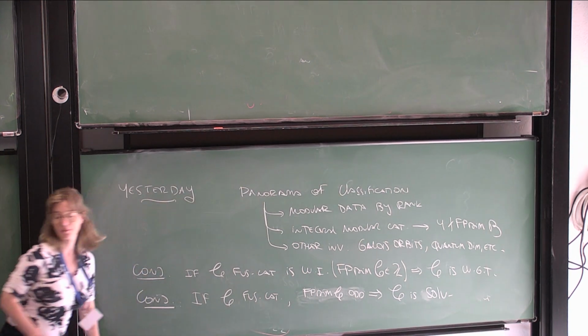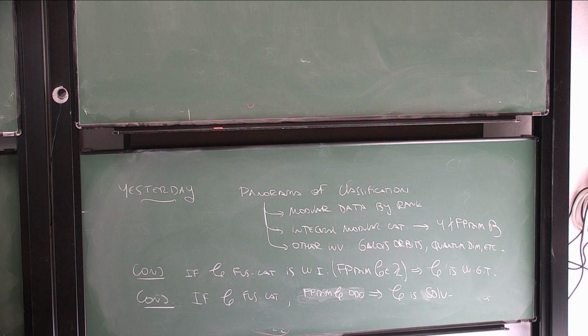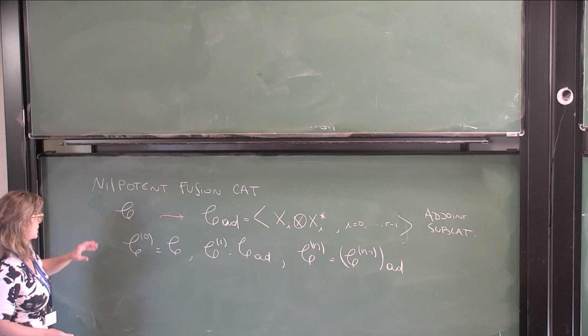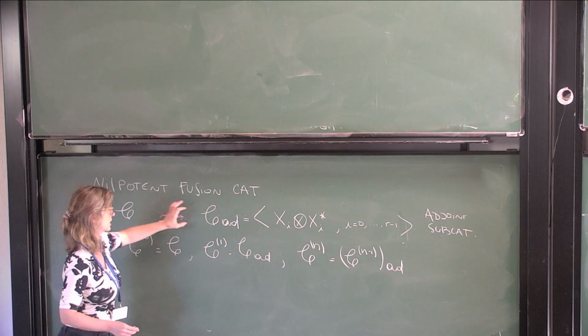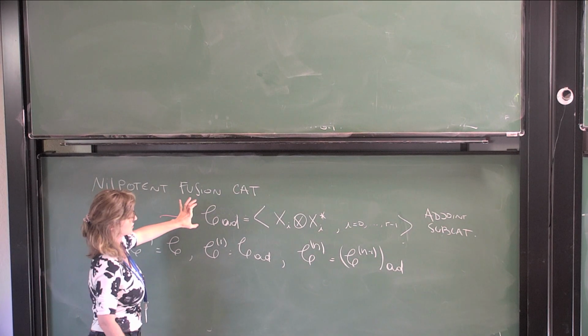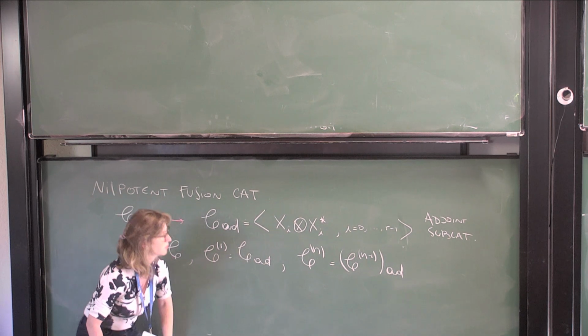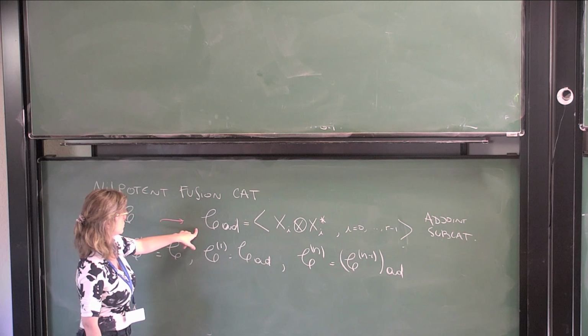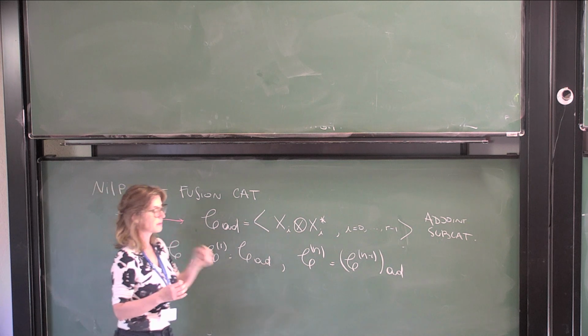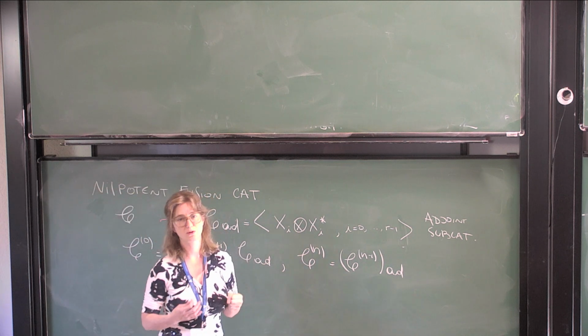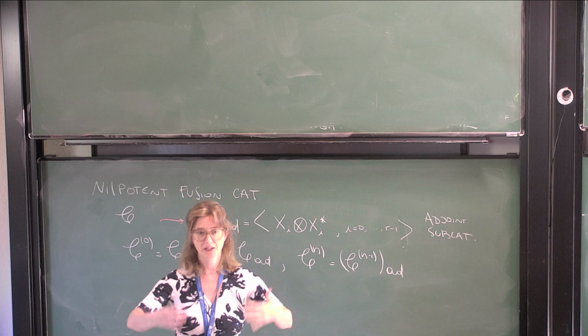And I just wanted to remind the definition of nilpotent, because I think the definition I gave, there are equivalent definitions, but this one is more clear and also gives some hints on things. So if you start with a fusion category, you can always have this nice subcategory that I didn't want to define yesterday, but I think it's actually easier and it might pop out later. What is this subcategory? You take every simple object and you tensor it with its dual. And now you tensor generate with this.